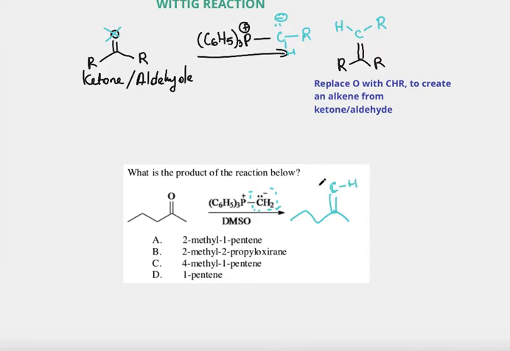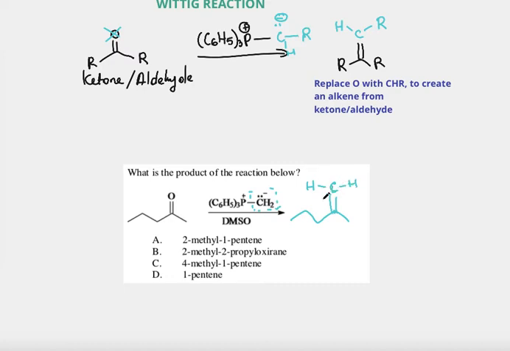We will just attach this carbon to 2 hydrogens, and that is my product. So all I did is replace my oxygen, in this case, with CH2. Now, if that carbon had other groups connected to it, those would be my connections in the product, but it just has 2 hydrogens, so I just drew 2 hydrogens here.